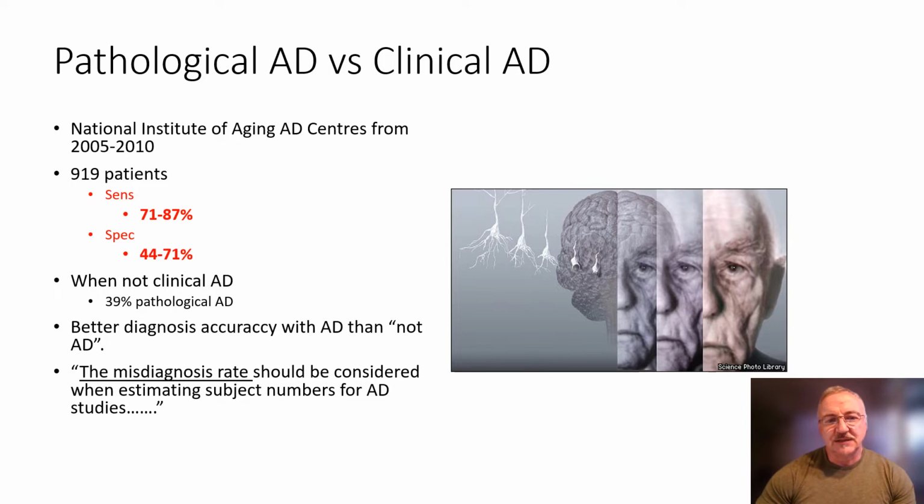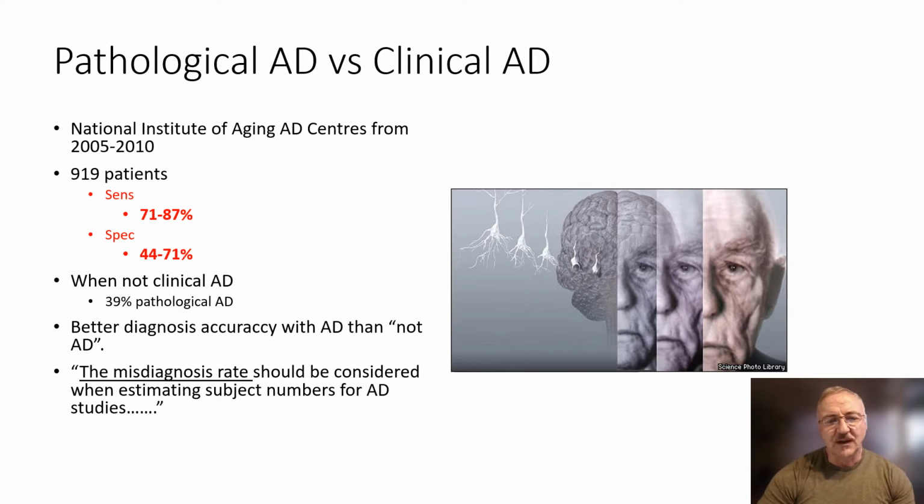And their sensitivity and specificity was not good. Their overall accuracy was about 70%. And this can be very important when you're starting to image with PET, in that sometimes the overconfidence of the clinician is not supported by the data.